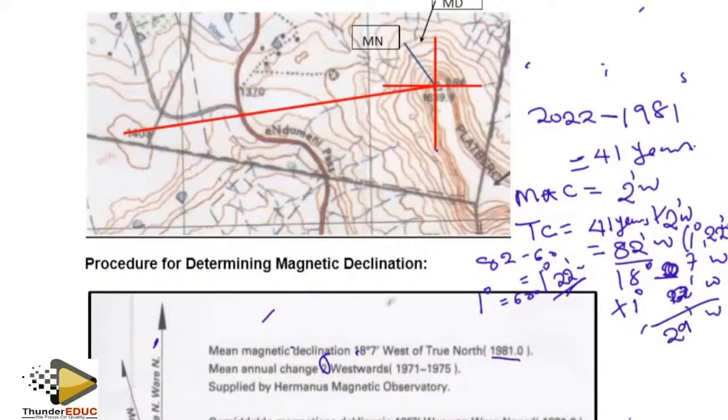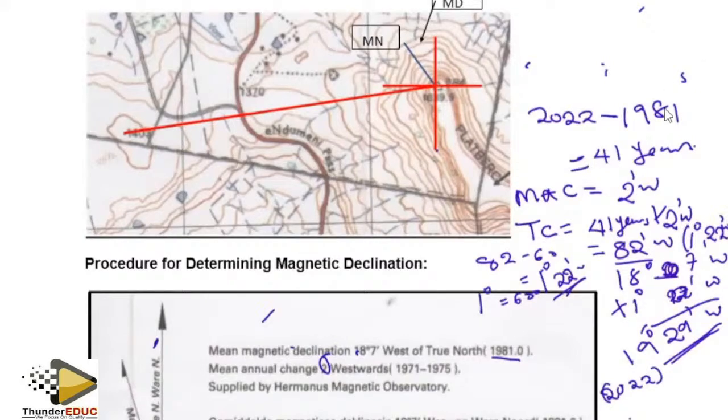Now, 18 degrees plus 1 degree, we are getting 19 degrees. So the magnetic declination for 2022 is 19 degrees, 29 minutes west. And you can see that the numbers increased because the movement was westward.